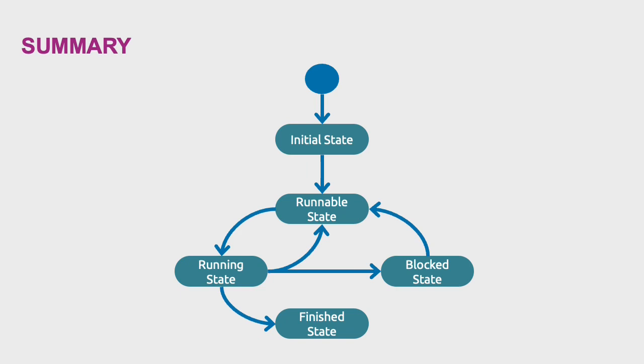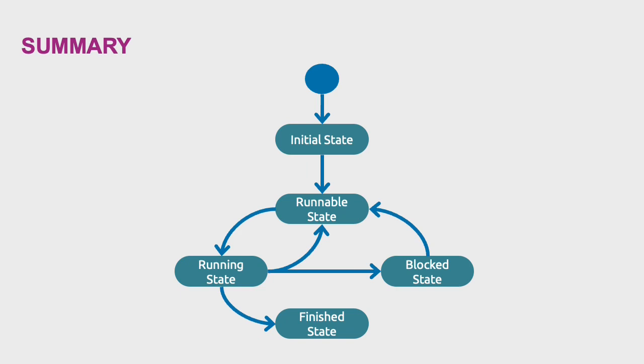The thread stays in its running state until its time slice expires, or when it encounters some instruction that causes it to block. Examples are synchronization or I/O instructions. If you are in a blocked state, you stay there until some event occurs that makes it possible for you to progress.